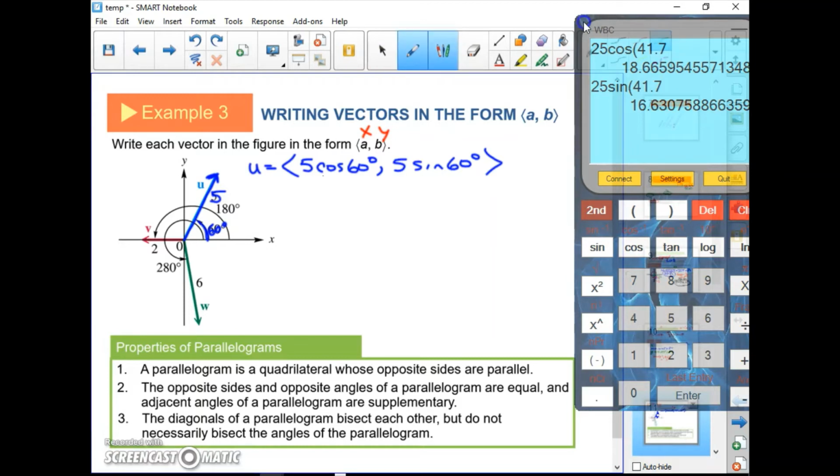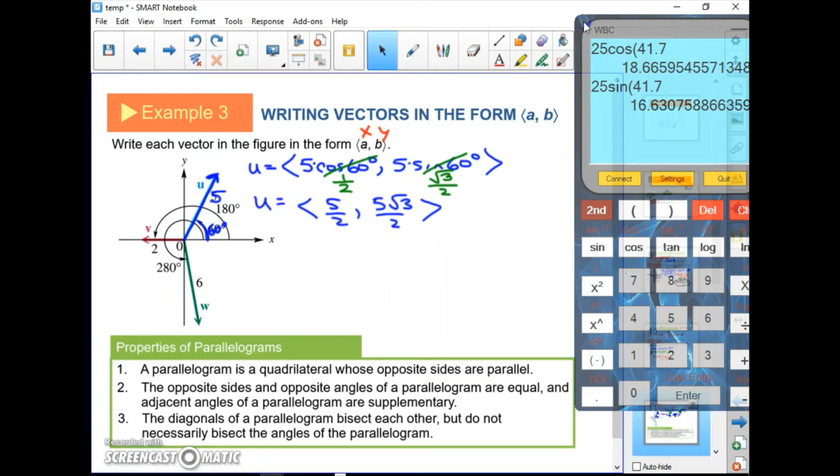Anybody tell me what cosine 60 is? 1/2. And sine 60? Square root of 3/2. So if we multiply 5 times those things and put it in fraction form, we would get 5/2, comma 5 square root of 3/2.